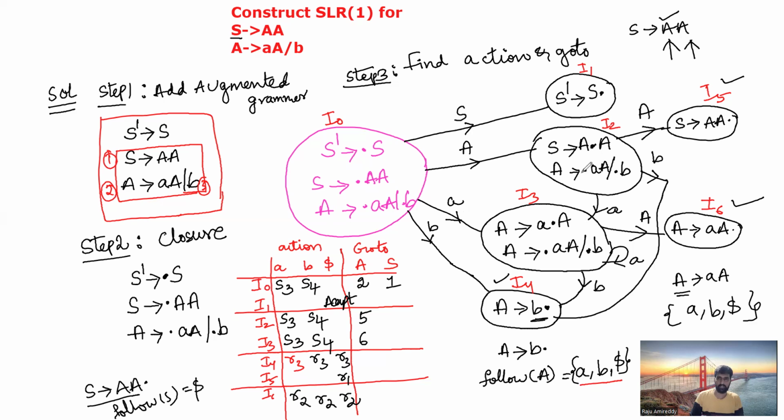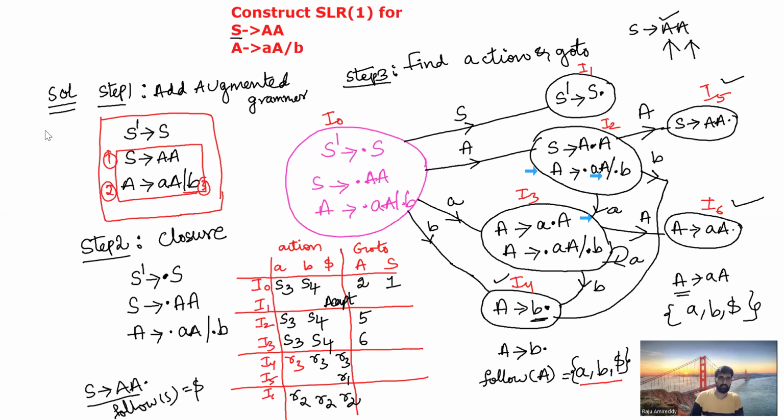So S tends to dot AA, and we get A tends to a dot A, again we have it here. That's why we have written this arrow. So for this production and this production, when you find this small a, we are going to have this one. That's why there is an arrow mark from this production to this production.